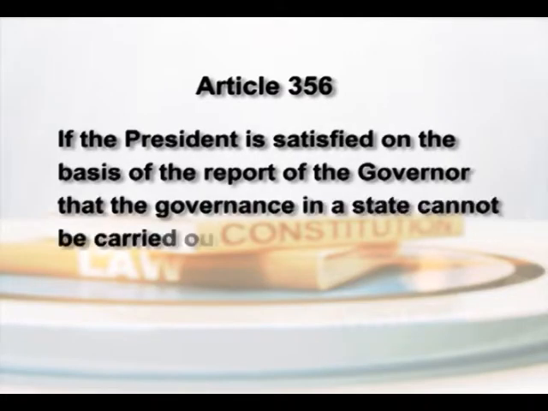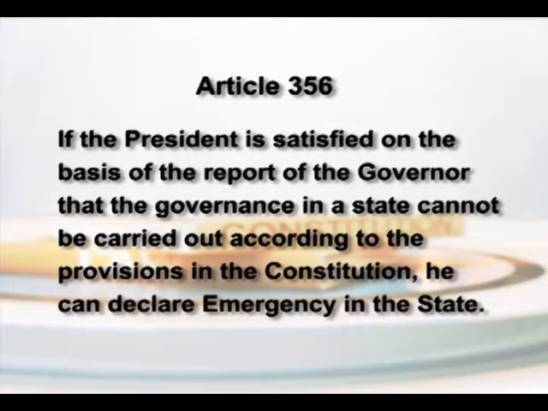If the President is satisfied on the basis of the report of the governor that the governance in a state cannot be carried out according to the provisions in the constitution, he can declare emergency in the state. Such an emergency must be approved by the parliament within a period of 2 months. And whenever such an emergency is in operation, the state government actually ceases to exist.